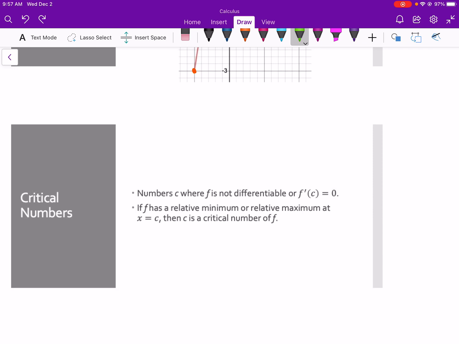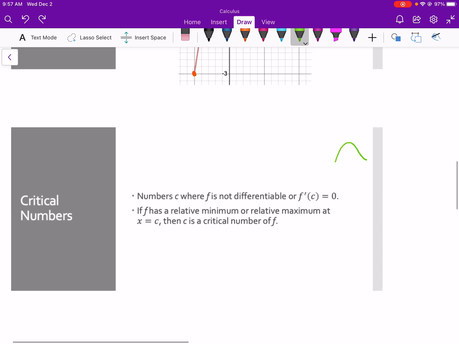Critical numbers are numbers where f is not differentiable or the derivative is equal to 0. So if f has a relative minimum or a relative maximum at x equals c, then x is a critical number. So when we think about a function, I'm going to draw something like this.